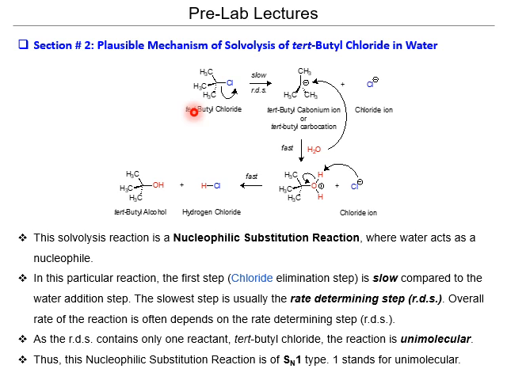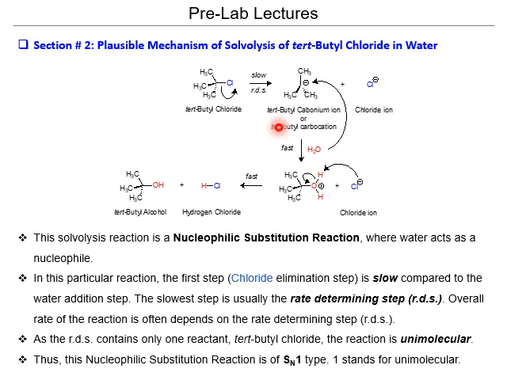And usually the slowest step is the rate determining step. The overall rate of the reaction often depends on the rate determining step, which is the slowest step of the reaction. So here, formation of the tertiary butyl carbocation is the rate determining step of this reaction.